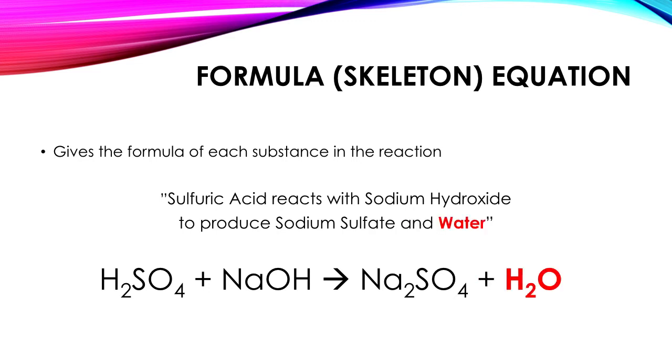And we end this equation with water, which is H2O. And so our skeleton equation would be written out as H2SO4 plus NaOH, arrow, Na2SO4 plus H2O. And that would be your skeleton equation.